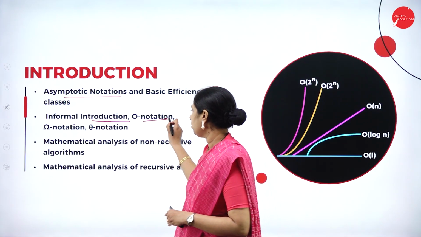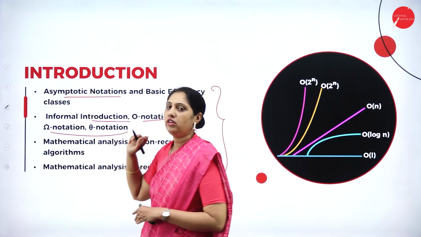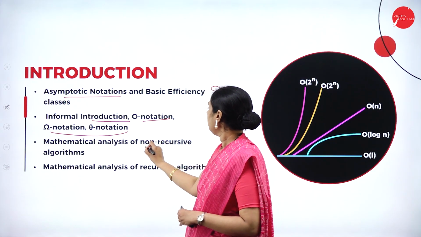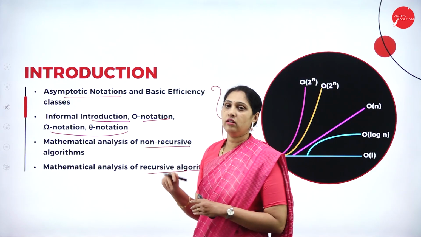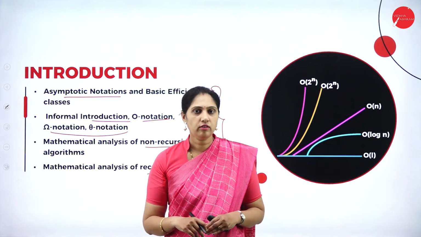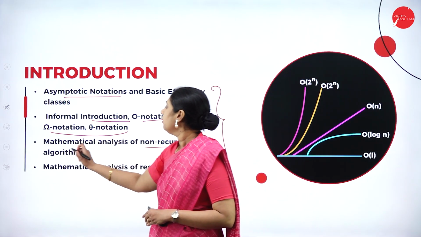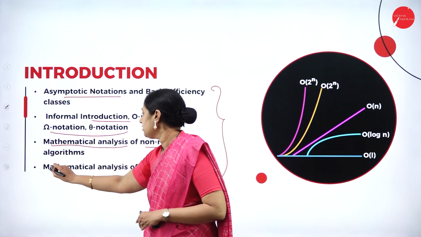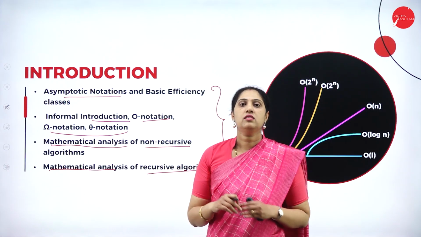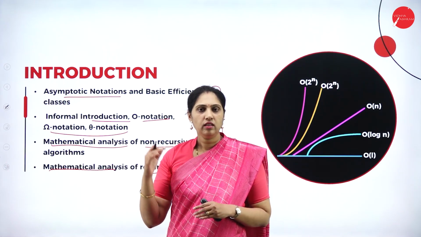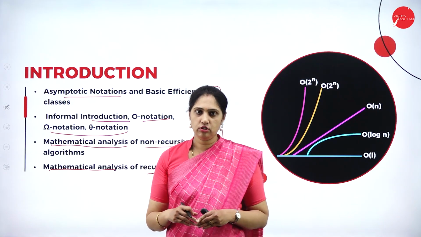So these are the types of asymptotic notation. Then we follow with the algorithm. One is the recursive and another one is non-recursive. In that, what is mathematical analysis of both recursive and non-recursive? These are the topics covered in unit 2.